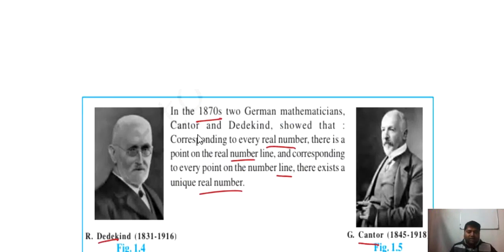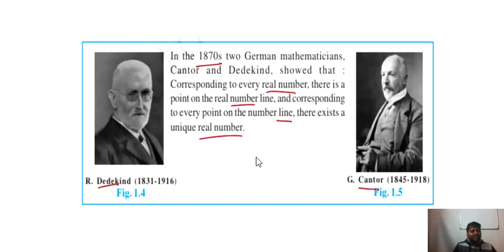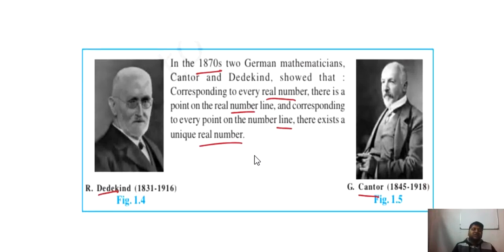So corresponding to every real number there is a point on the real number line, and corresponding to every point on the number line there exists a unique real number. In this class we discussed two parts.